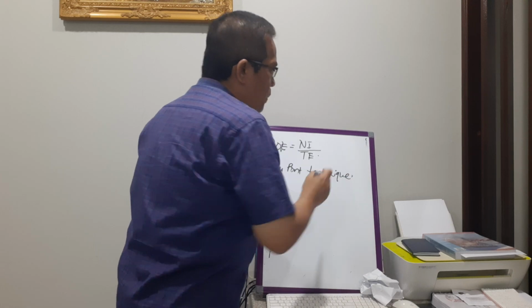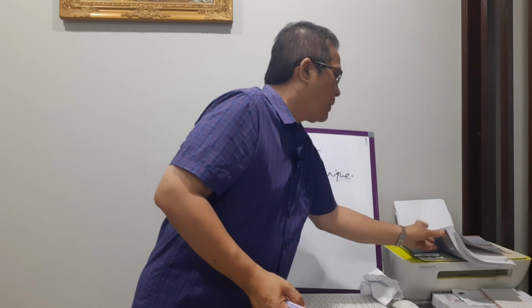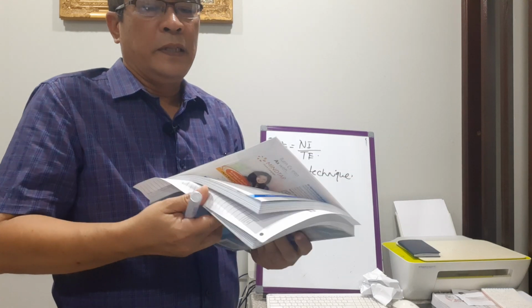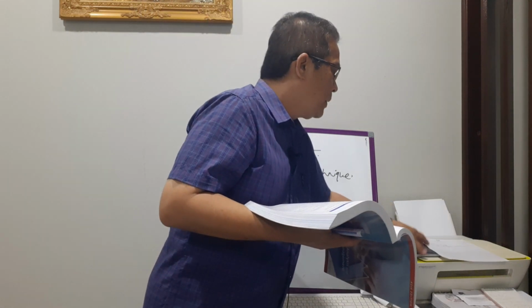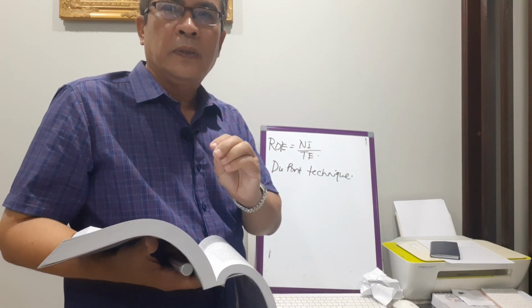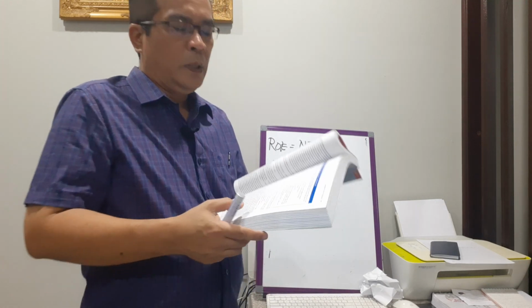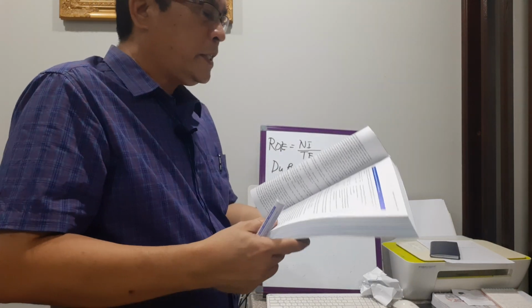In our textbook, the 11th edition, the textbook no longer calls this technique the Du Pont technique, but if you read an earlier edition or some other sources, it is called the Du Pont technique. The formula is on page 267 of the textbook, equation 8.8.